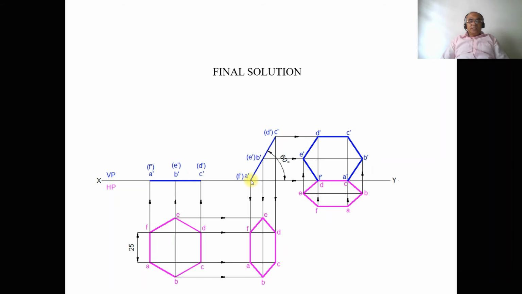Then draw a vertical projector from A dash and F dash and a horizontal projector from A and F. These two lines will intersect at this point, small a, and this, small f.